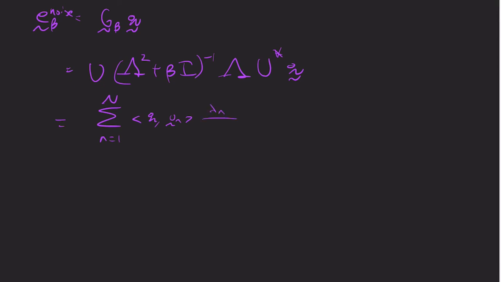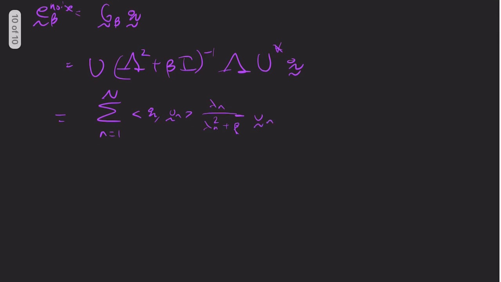Now we just have a lambda n on top, right? So then as I take beta to 0, I get 1 over lambda n, which does not go to 0, right? Times u_n.